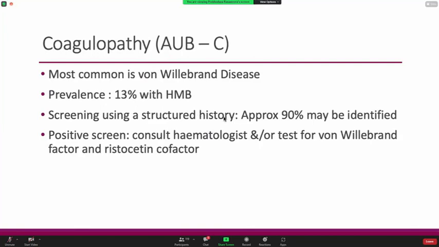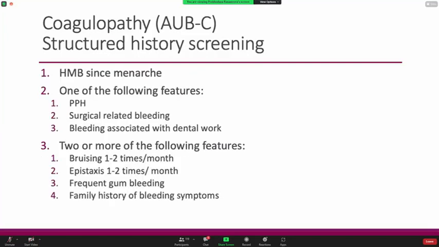And the good news is, by having a structured, properly taken history, 90% of the time we can diagnose even without doing any test. We don't need a very high-tech test to diagnose von Willebrand disease. And then we do a screening test afterwards for von Willebrand factor, and if they're positive, then we know that is the diagnosis, right?